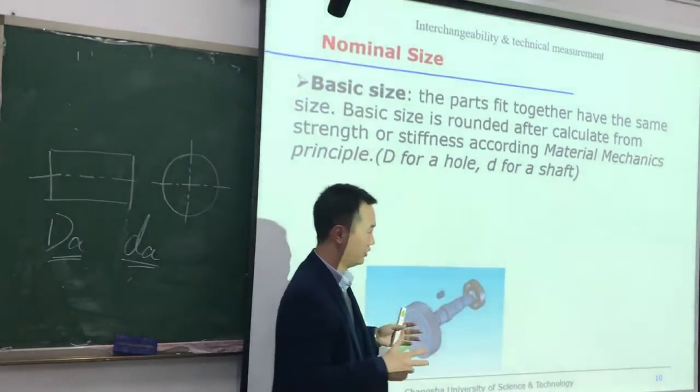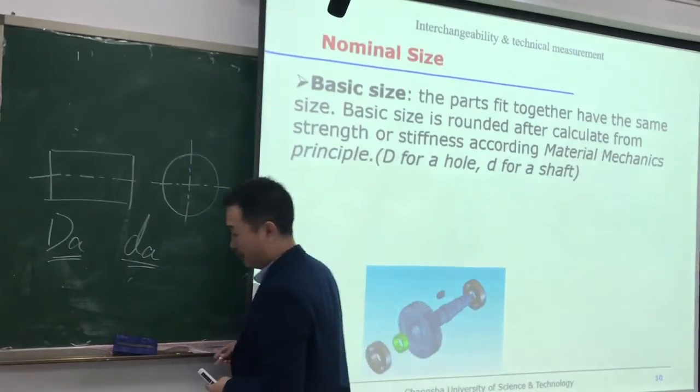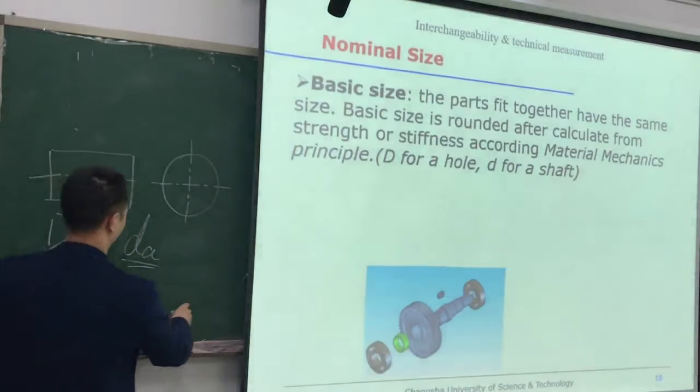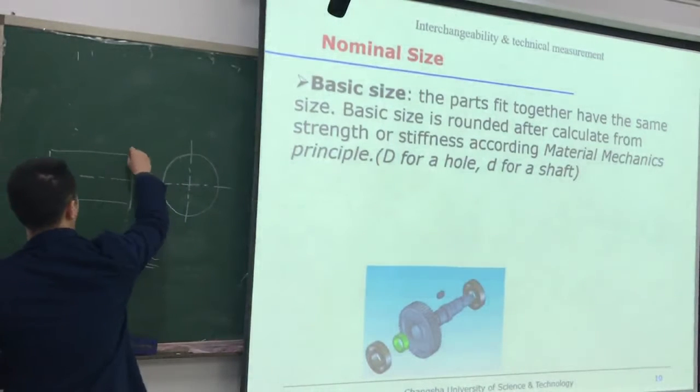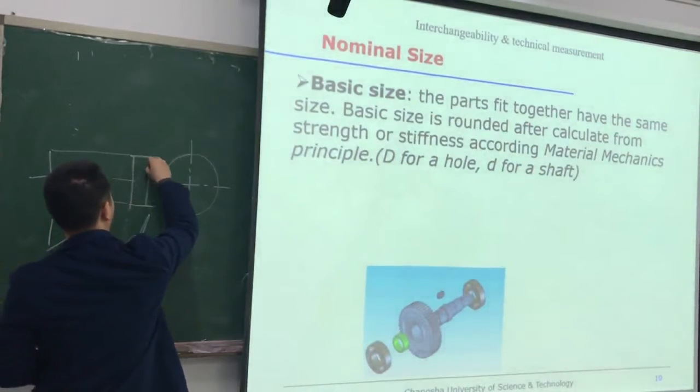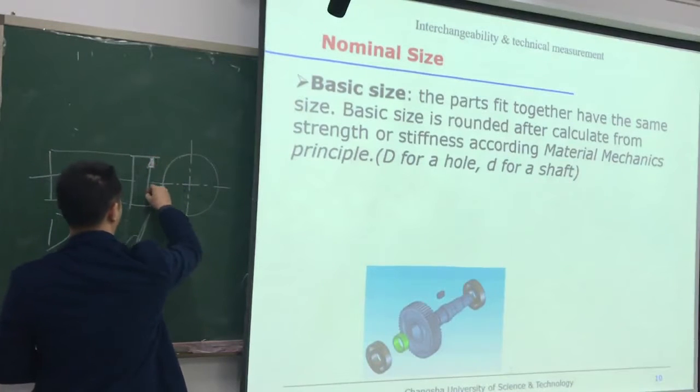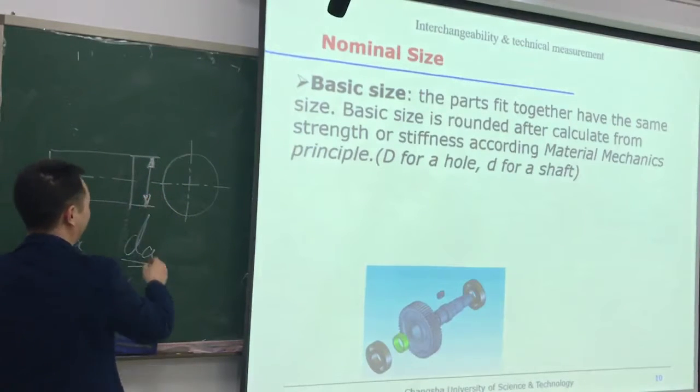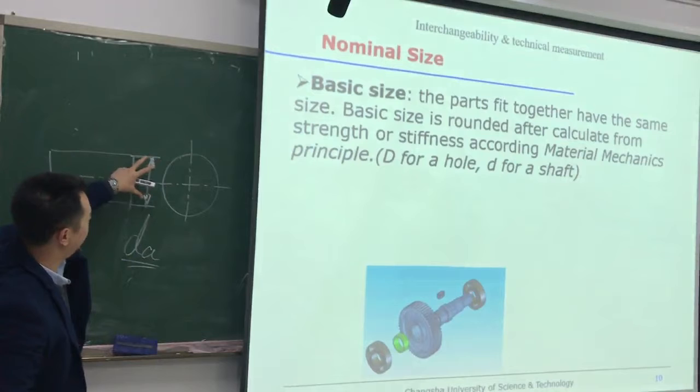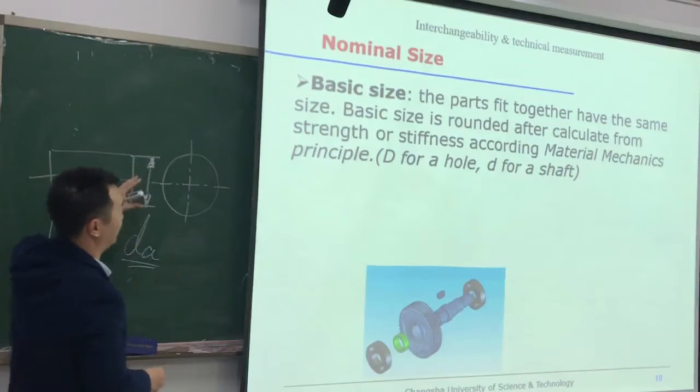So nominal size or basic size is the size when we design it. In our technical drawing, for example, when we design a cylinder like this, we need to assign this size. So this size is the basic size.